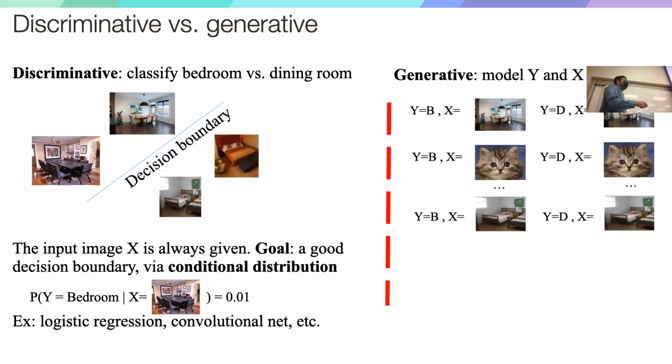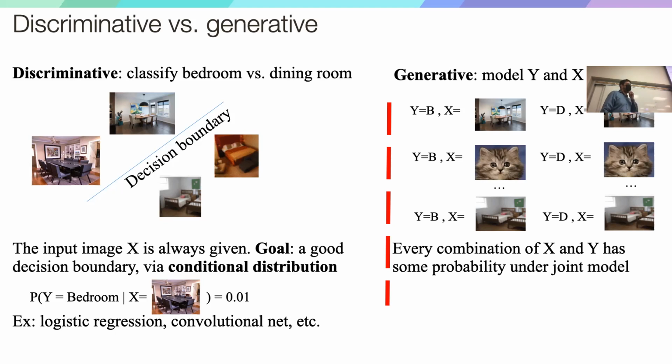You would also learn probabilities over the image showing something completely different, unrelated to either living room or dining room, and the probabilities that an image actually shows a bedroom and the label is either bedroom or dining room. Right, and all of these combinations have non-zero probabilities under that generative model.